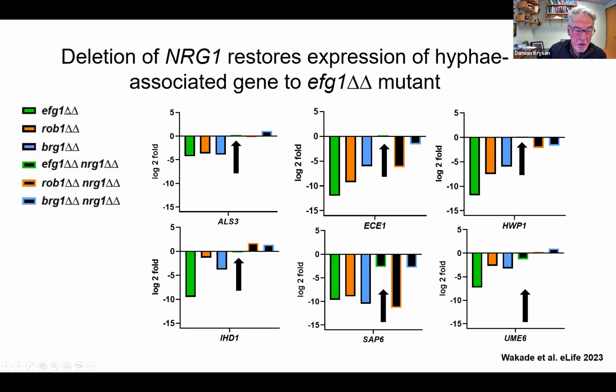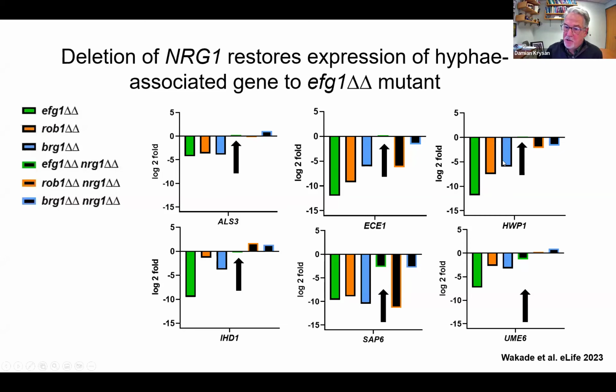When we knock out NRG1 in the EFG1 mutant, this goes right back to wild type levels of expression, indicating that EFG1 is not required for the activation of ALS3, ECE1, or HWP1 after relief of NRG1 repression, which is somewhat different than what you will read in most reviews of the regulation of hyphal morphogenesis.